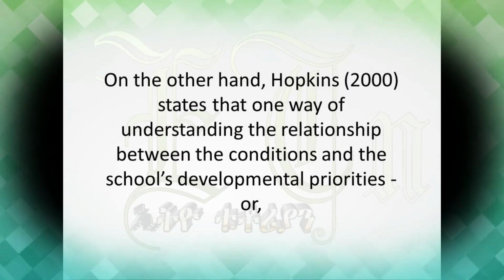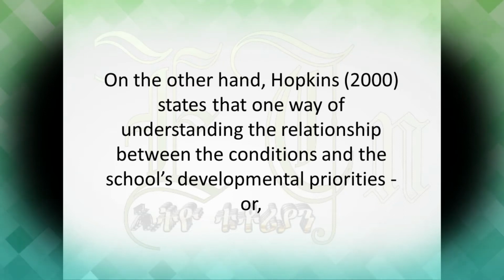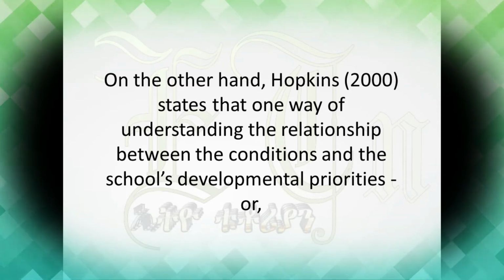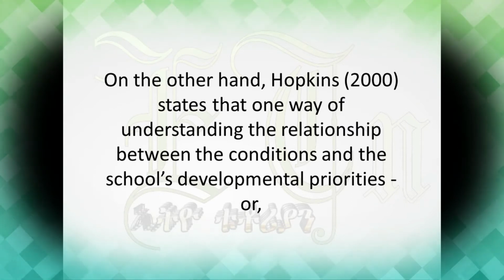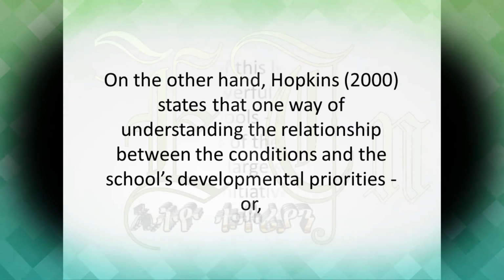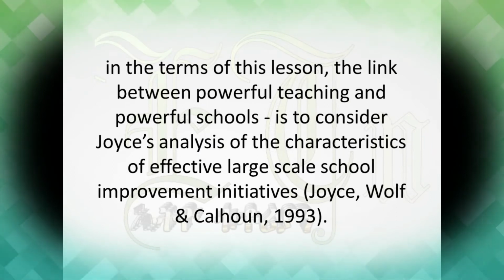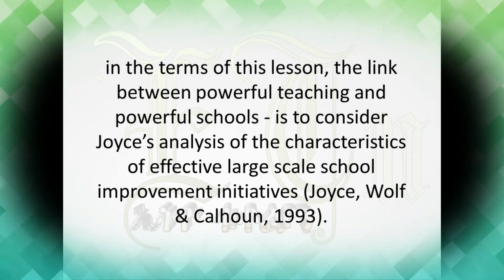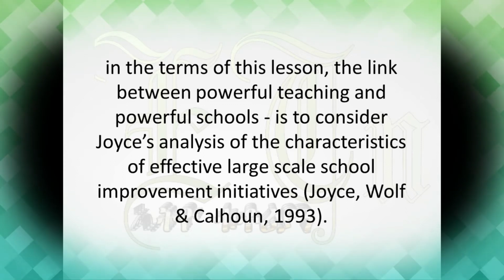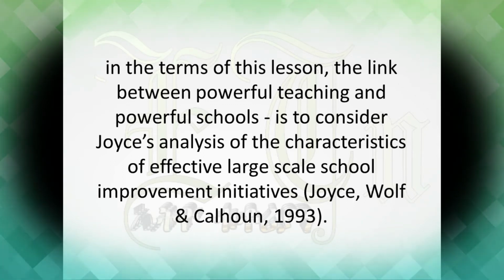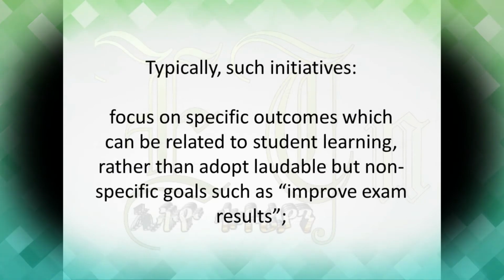On the other hand, Hopkins, 2000, states that one way of understanding the relationship between the conditions and a school's developmental priorities, or, in the terms of this lesson, the link between powerful teaching and powerful schools, is to consider Joyce's analysis of the characteristics of effective large-scale school improvement initiatives, Joyce, Wolfe and Calhoun, 1993.